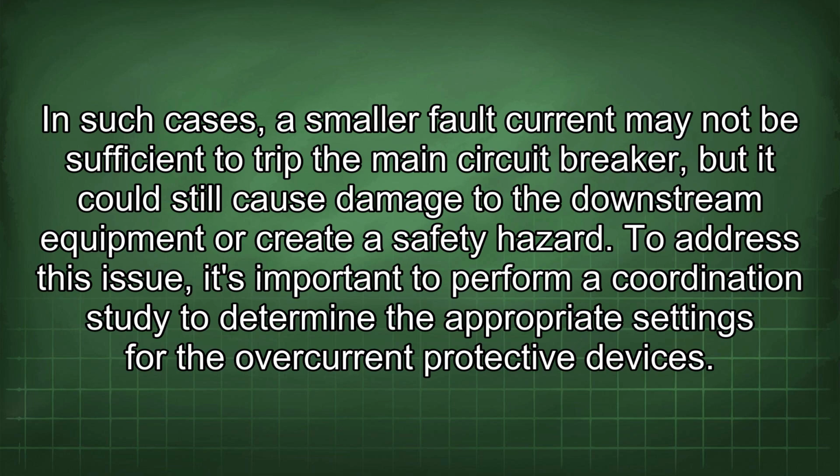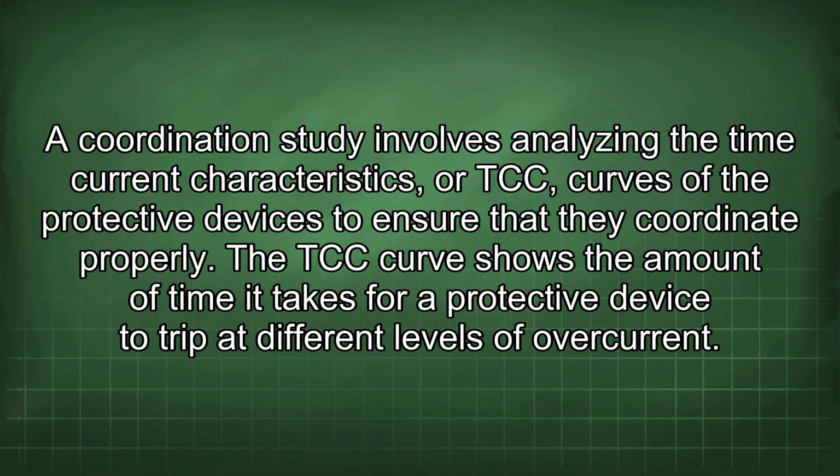To address this issue, it's important to perform a coordination study to determine the appropriate settings for the overcurrent protective devices. A coordination study involves analyzing the time current characteristics, or TCC, curves of the protective devices to ensure that they coordinate properly. The TCC curve shows the amount of time it takes for a protective device to trip at different levels of overcurrent.